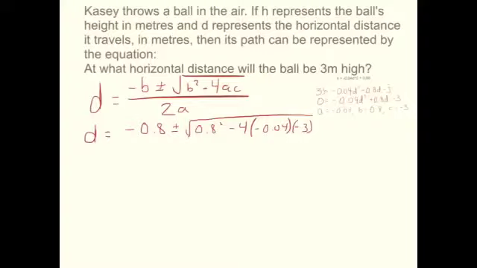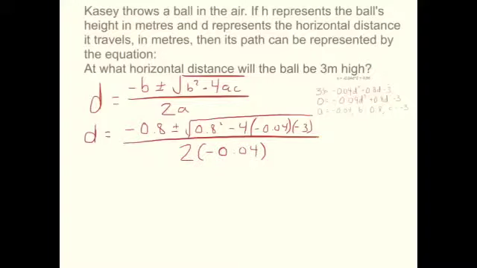I'll make sure my square root sign covers the whole thing, and all of that over 2a, which is 2 times negative 0.04. So there we go. It's really important to show just that line right there. I've just done the substitution, and I need to see that in your solutions. You're just replacing your a's and b's and c's.